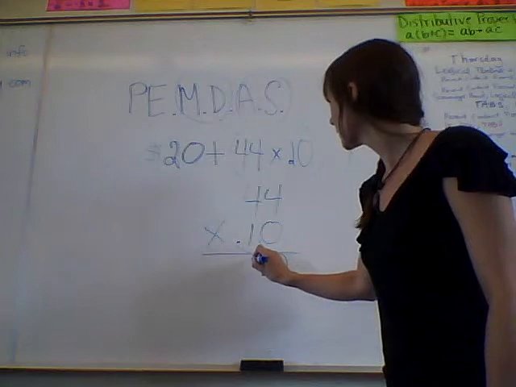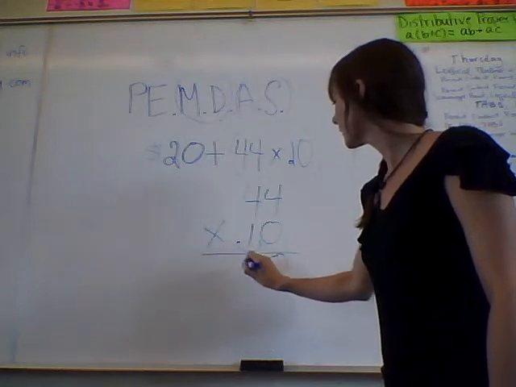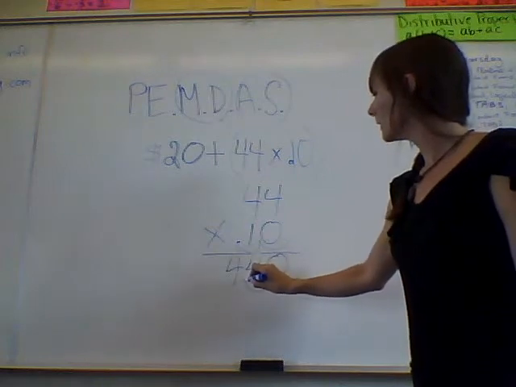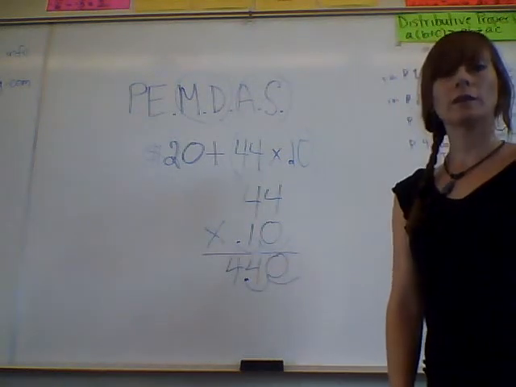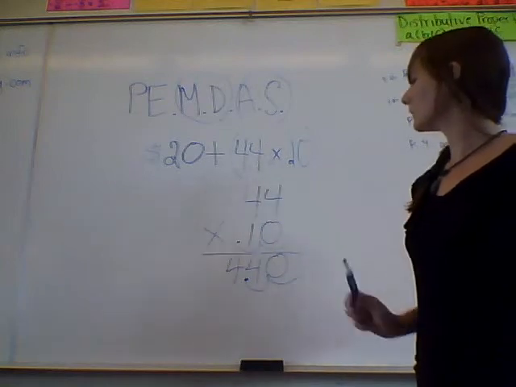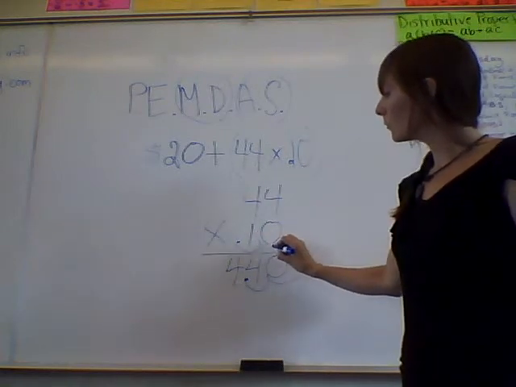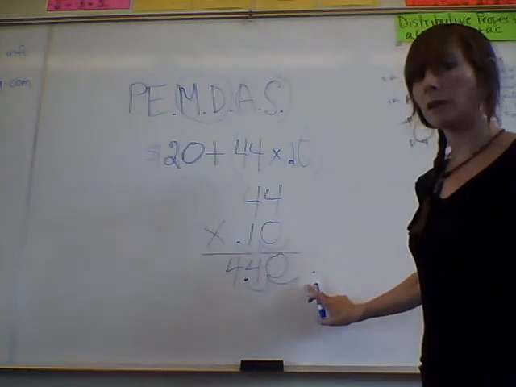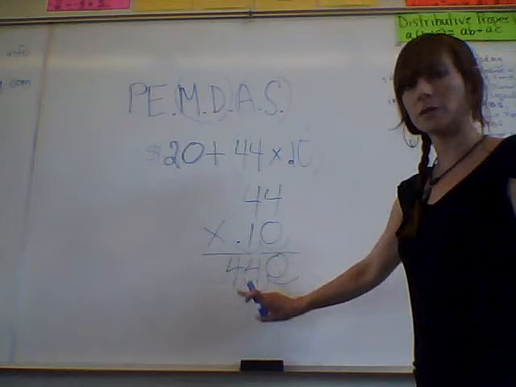So actually, oh no, that was right. Okay, so we'd go over 1, 2. It's going to be $4.40 more for those 44 calls. 44 times 10 cents. We ignored 2 decimal places, and then we added them back in. From the end of the number, you go back 2.